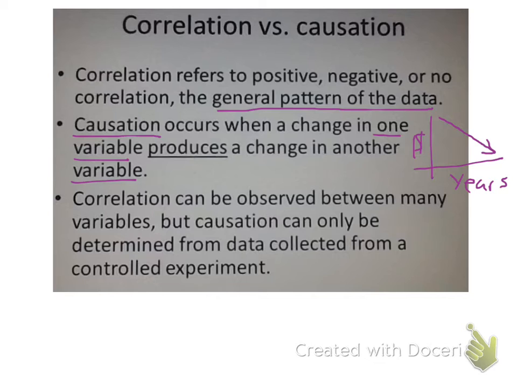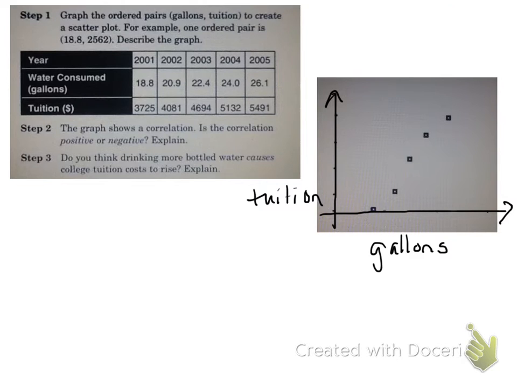Okay? Correlation can be observed between any two random variables. For example, let me show you a good one. I got one right here for you. So in this example, we've got the water consumed in a certain year in gallons, and the tuition at some school. Those are two variables, and you see if we graph them, we have a very strong positive correlation.